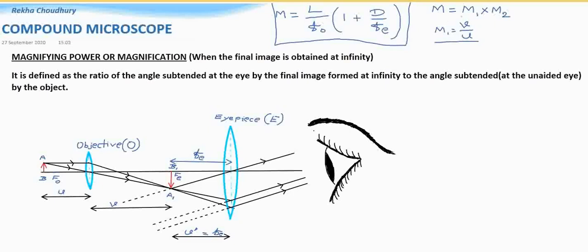From this we can conclude that m is also negative. Again, as the final image is inverted, the magnification is negative.